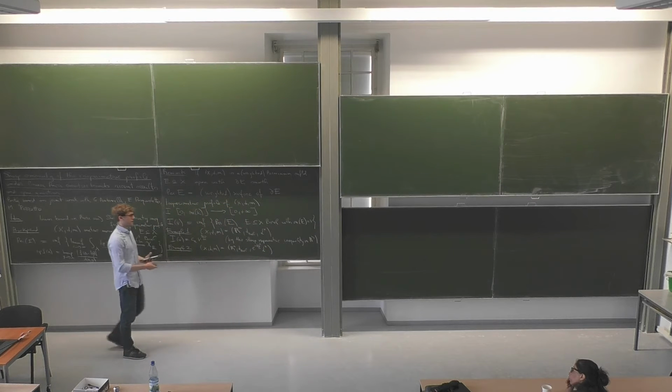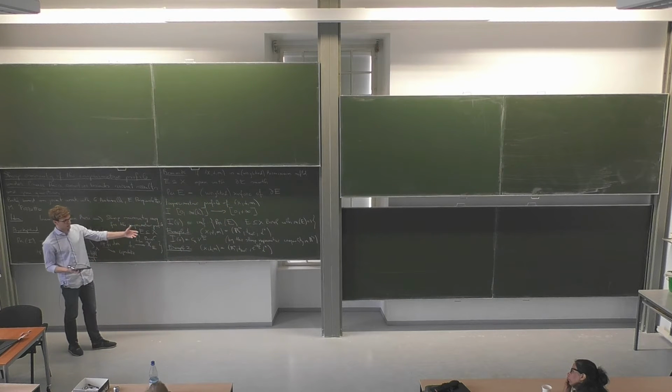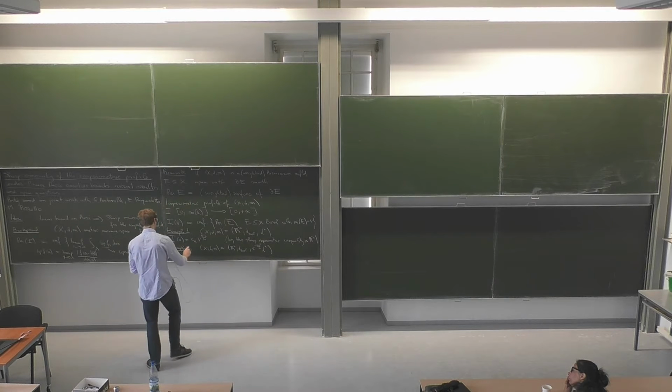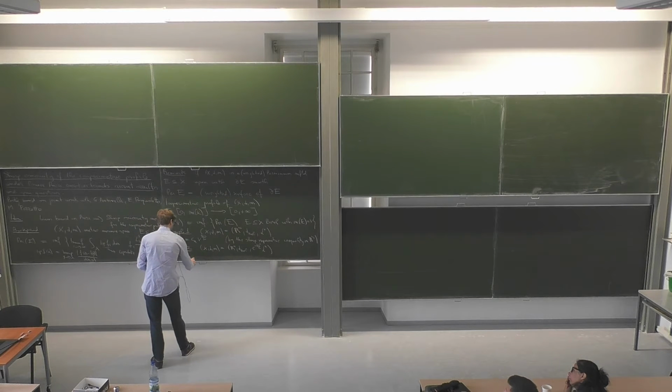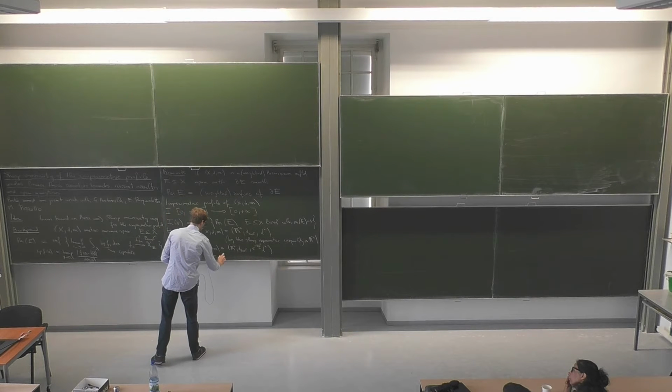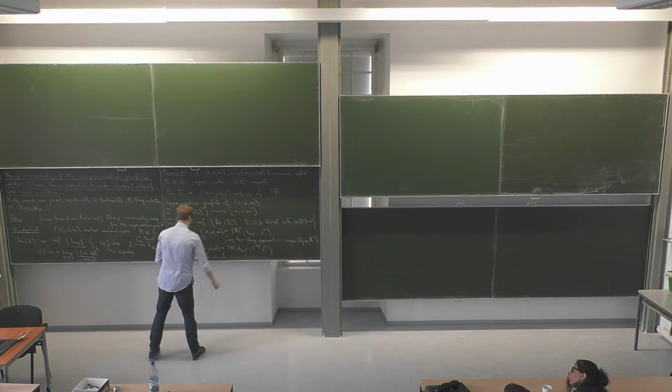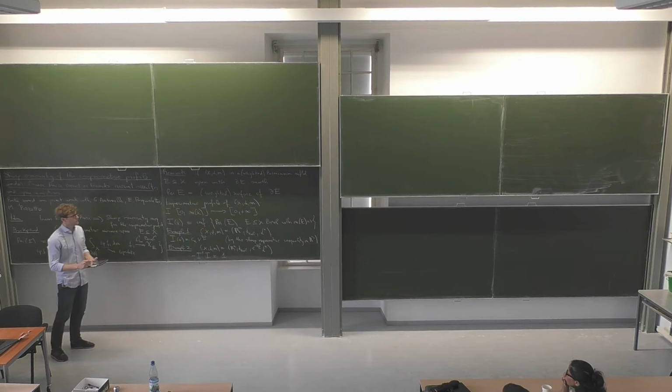In this case, I won't give you the exact expression for the isoperimetric profile. However, I will point out that the isoperimetric profile solves a second-order differential equation. Namely, what's true is that minus I'' times I is equal to 1. Any questions so far?